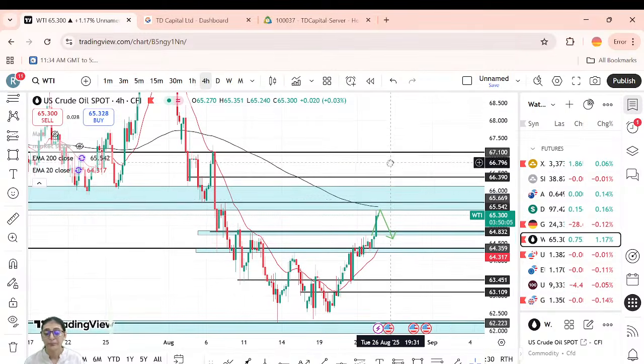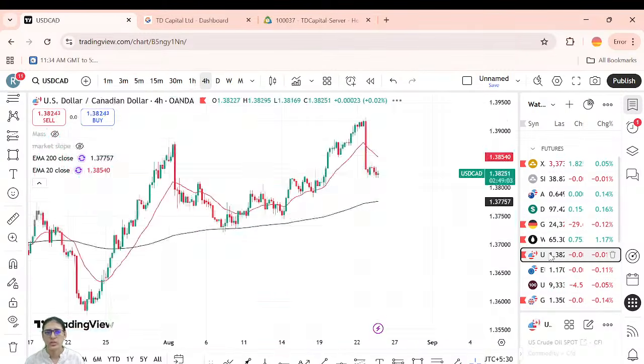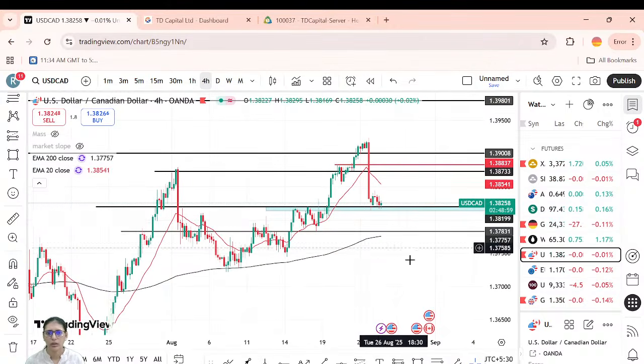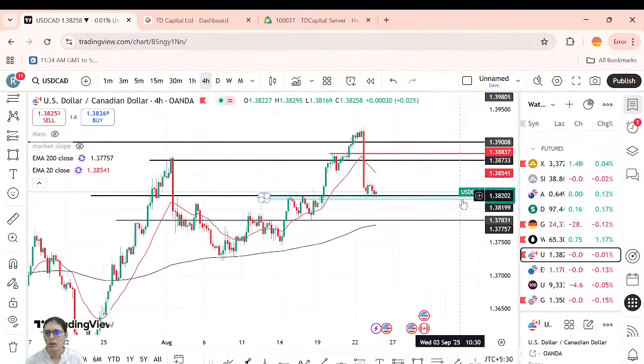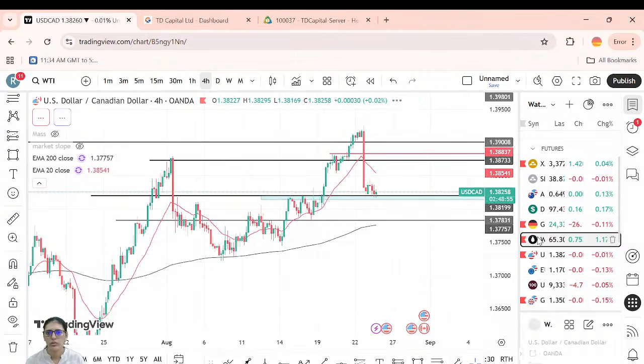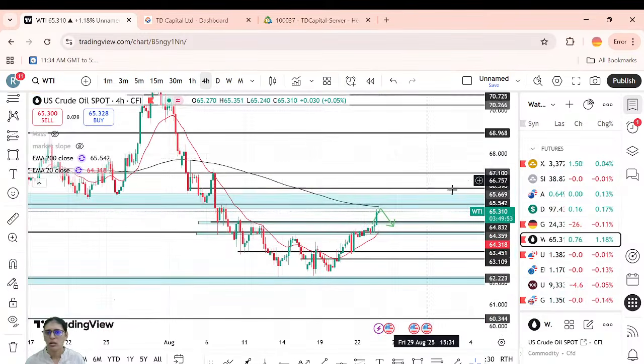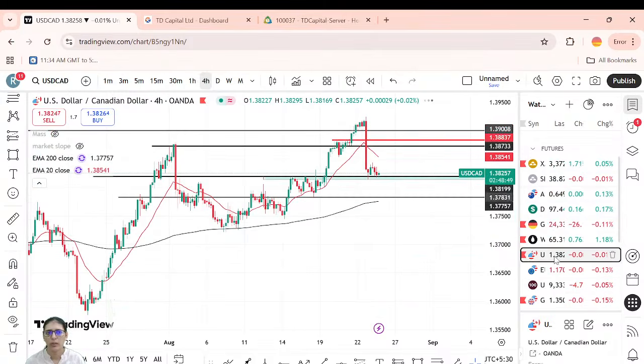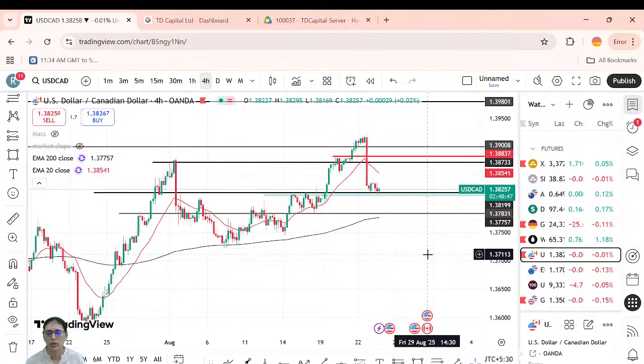All right. Oh no, just 1 second. If there's a fall in USD CAD, CAD will go up, and oil should also go up. So if you see an upward move in CAD, WTI also goes up.